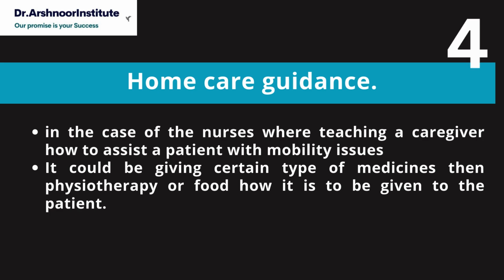The fourth major topic is home care guidance. It's especially in the case of nurses, for example teaching a caregiver how to assist a patient with mobility issues, or giving certain types of medicines, then physiotherapy or food, how it is to be given to the patient.